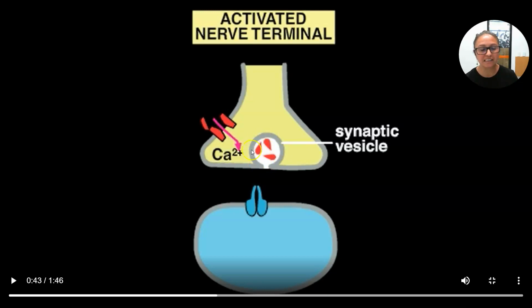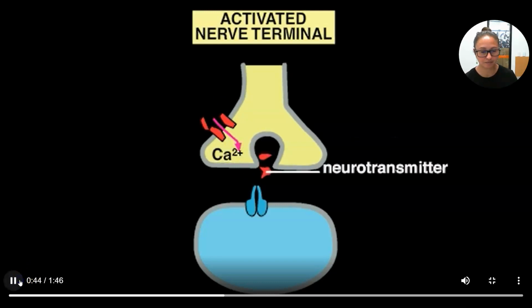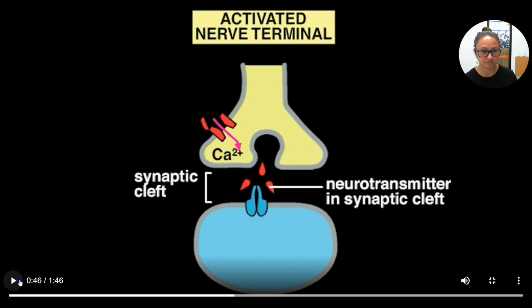These little bubbles contain neurotransmitter, and we have many of the neurotransmitter vesicles there. So the action potential comes down, calcium comes in, and then these little vesicles are pushed out, releasing their neurotransmitter cargo into the synaptic cleft.